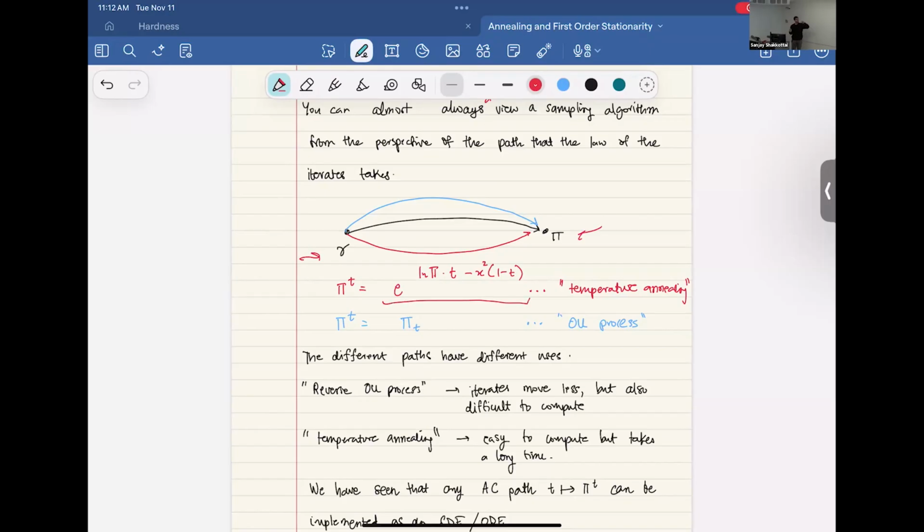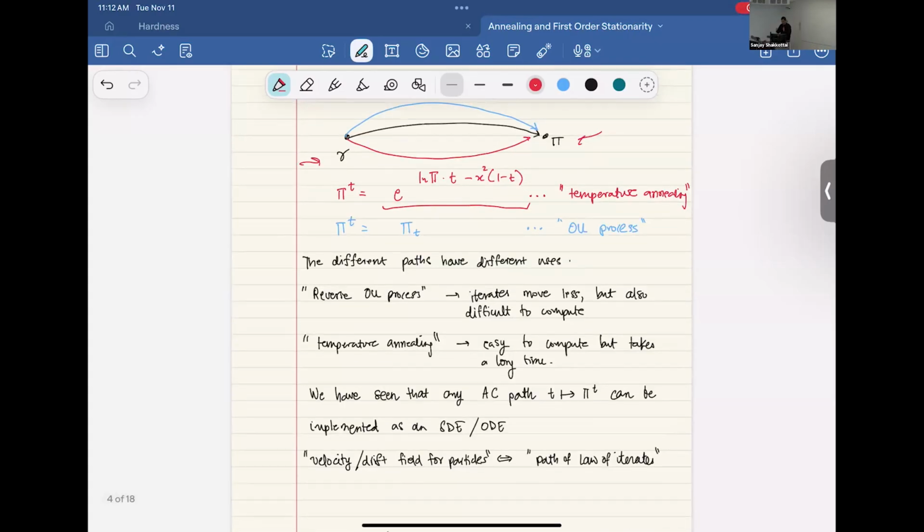It's actually the subject of that Annealed Langevin dynamics paper, where at t equals 0 you basically just have e to the negative x squared. So that's just a Gaussian. And then at t equals 1, it's e to the log pi, which is basically pi. And then you interpolate between these two distributions in this way, and that describes a path through the distributions. You can try to implement that using an SDE or an ODE, temperature annealing.